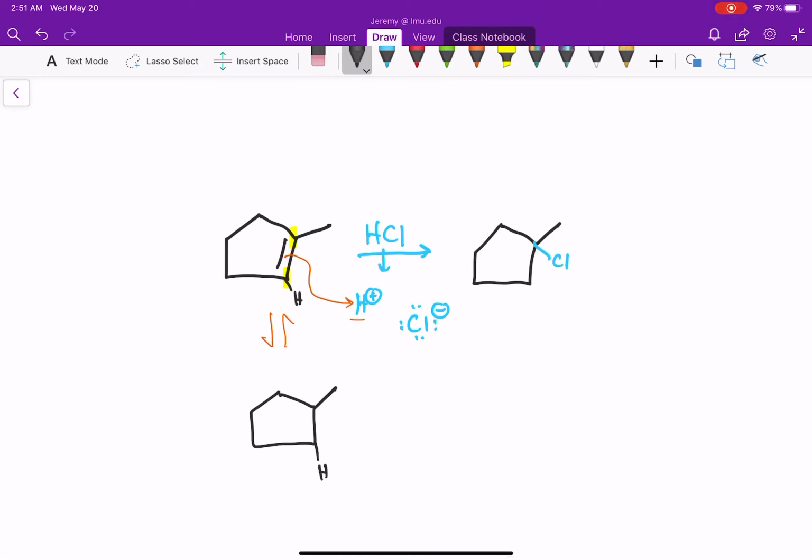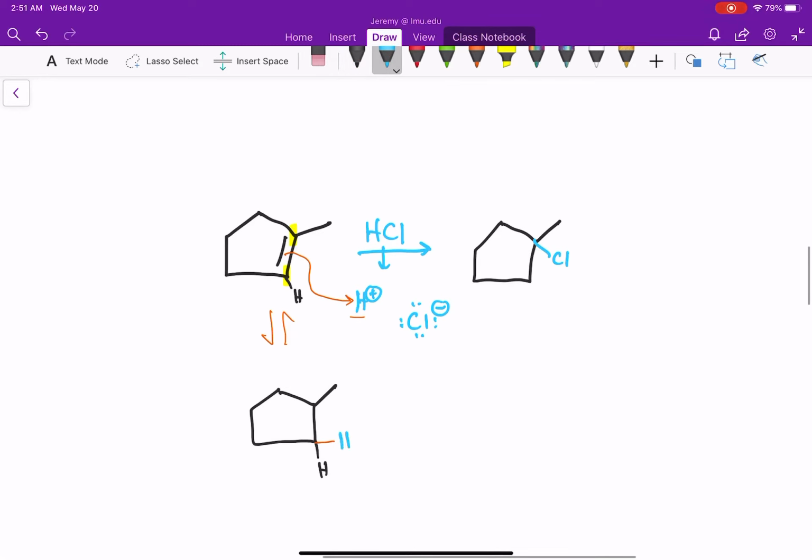Here's our new bond in orange. That's a new bond to our H. And consequently, we have now formed a tertiary carbocation. Next step in the mechanism is our chlorine is going to attack. So sorry, first step is protonate. Our second step is to attack. This chlorine will form a new bond to that carbon. So there's our new bond here.